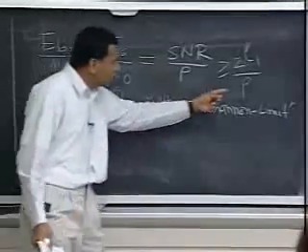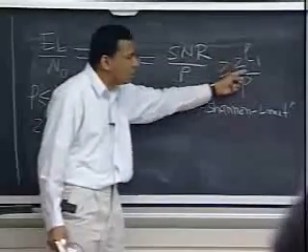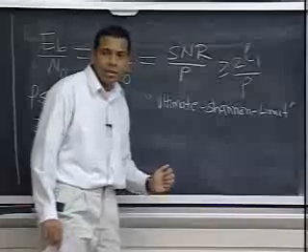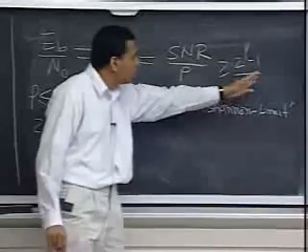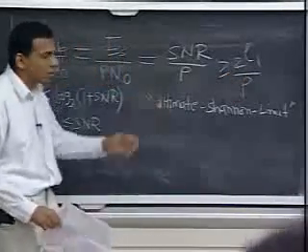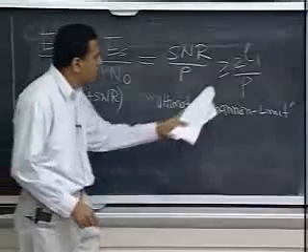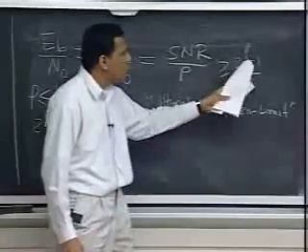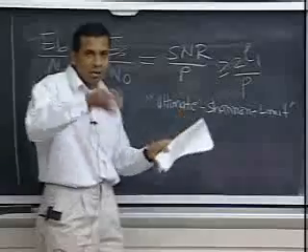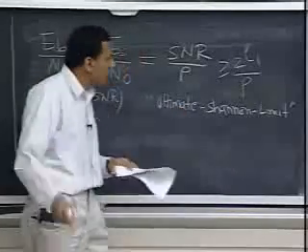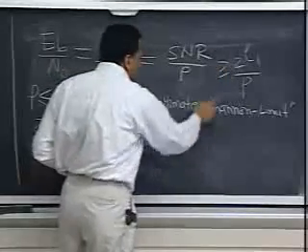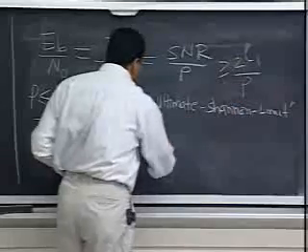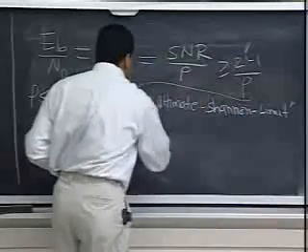Now notice that this function here is monotonically increasing in rho. It's easy to show that this function increases monotonically in rho. You could just differentiate this, or an easier way is to do a Taylor expansion of 2 to the rho minus 1, the series expansion, and show each term is positive. So this term is always going to be greater than this term here. So I'm going from here to here.